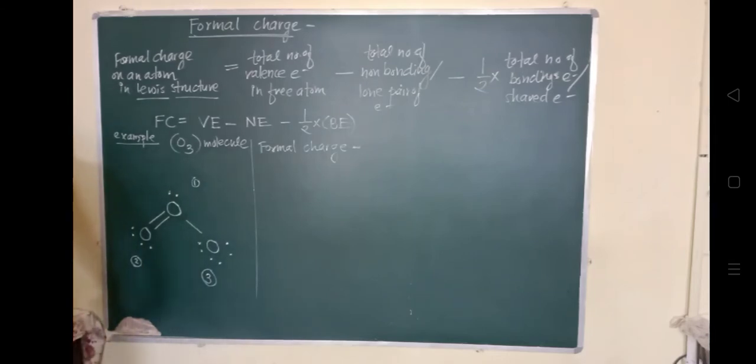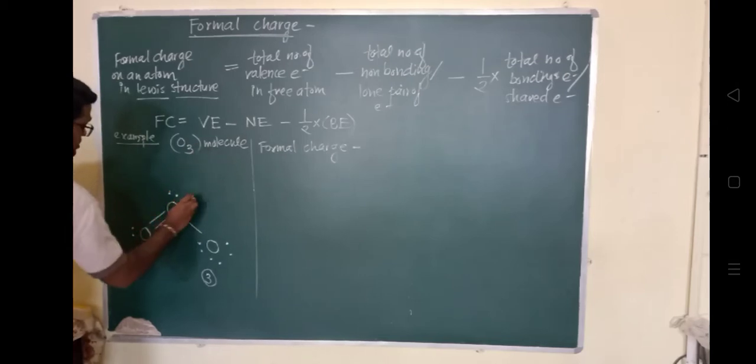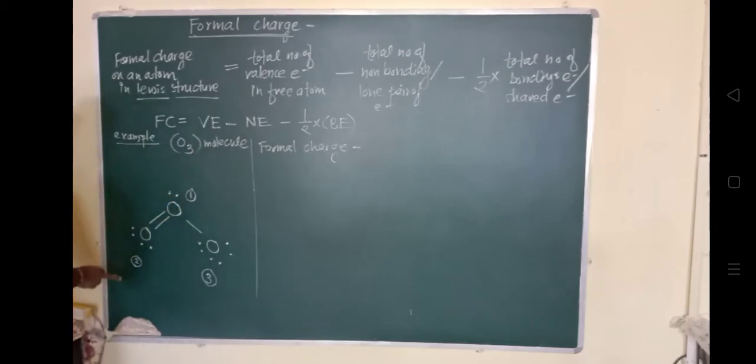We'll first write it down like this, calculate based on that, and then write the plus and minus. So this is the Lewis dot structure. Okay, so this is the first oxygen atom, this is the second oxygen atom, and this is the third oxygen atom. We have already drawn its Lewis structure yesterday.